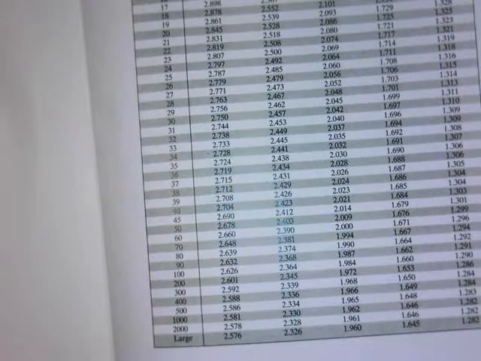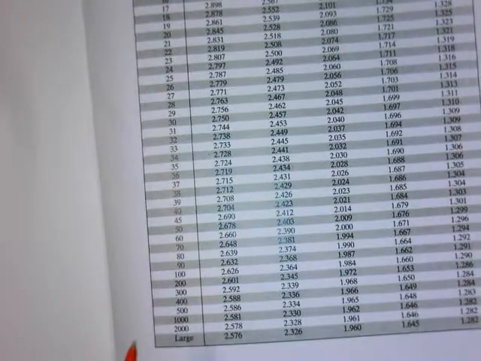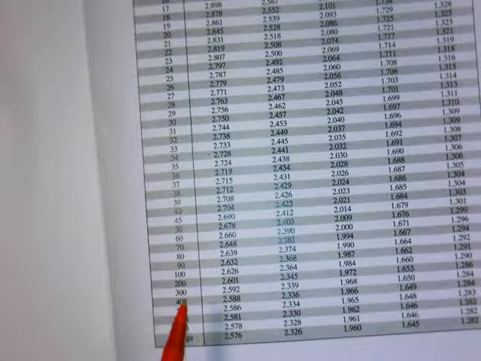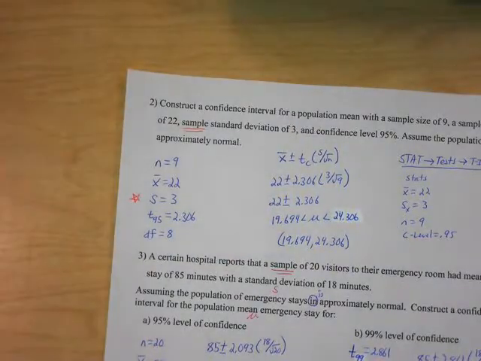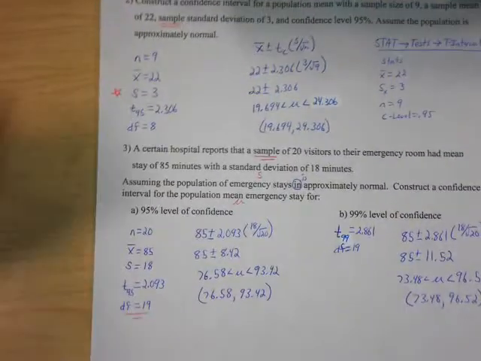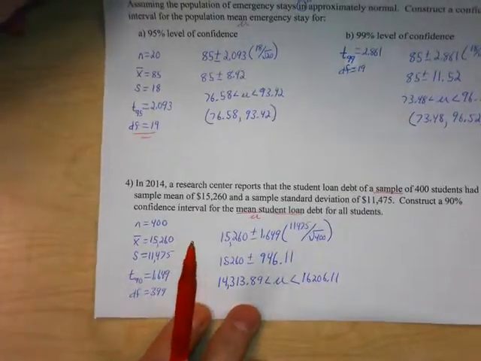Well, you use the value that's closest. So 399 is closest to 400, so that's what we use. Okay, so there is the answer to that one.